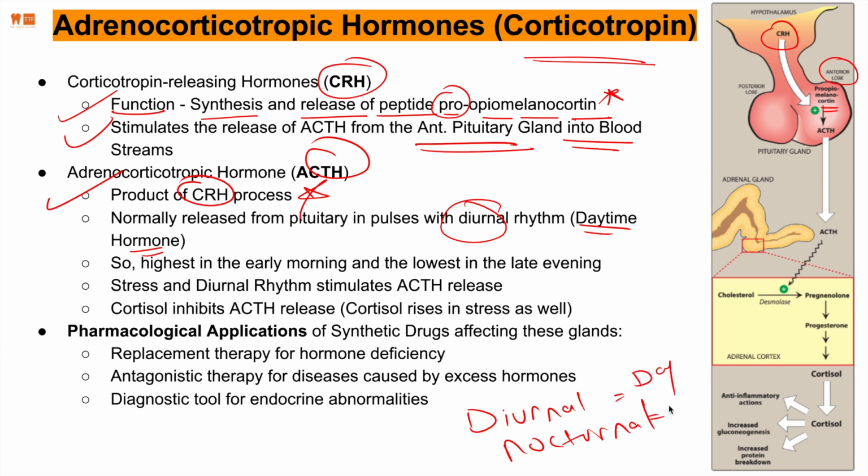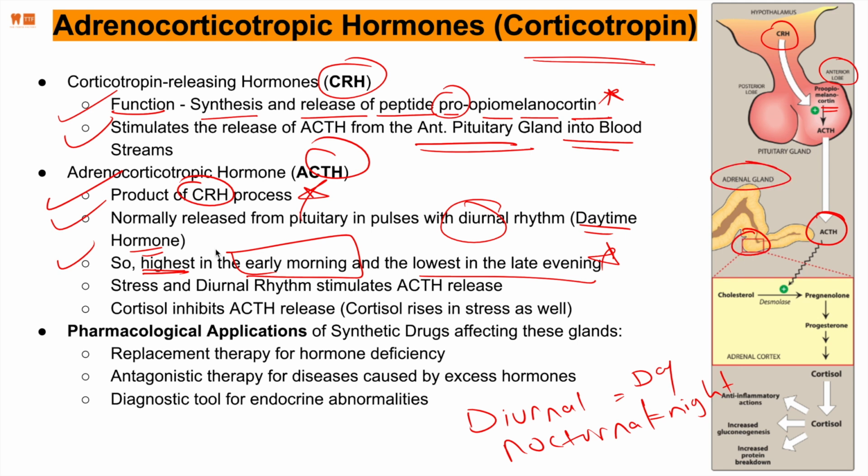Of course, your daytime hormones are different than your nighttime hormones because our body functions are different at night. So in the daytime, basically when you wake up, it's got to be the highest, right? And of course, the lowest in the late evening. Why? Because of its function. What does it do? Well, we'll find out at the end what ACTH does when it reaches the adrenal gland.